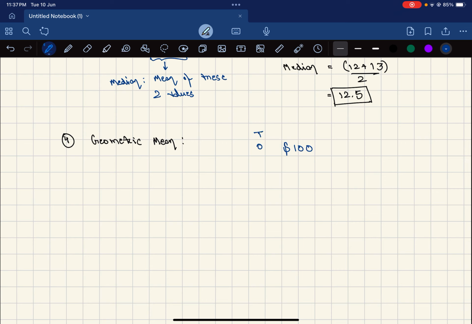Then we have a return column here. Now we make a 10% return till year 1, and therefore the investment amount becomes 110, because 10% is added to $100.